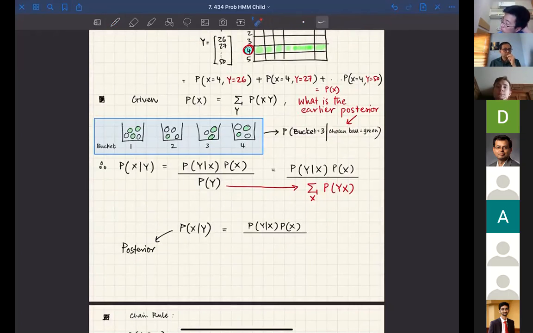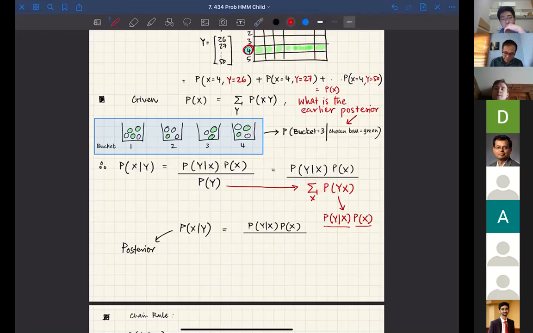Very good. Now look, this PYX, what can I write PYX as? Apply Bayes rule: P Y given X times PX. Hey, this is again the likelihood, and this is again the prior. But this time there is a sigma over here.